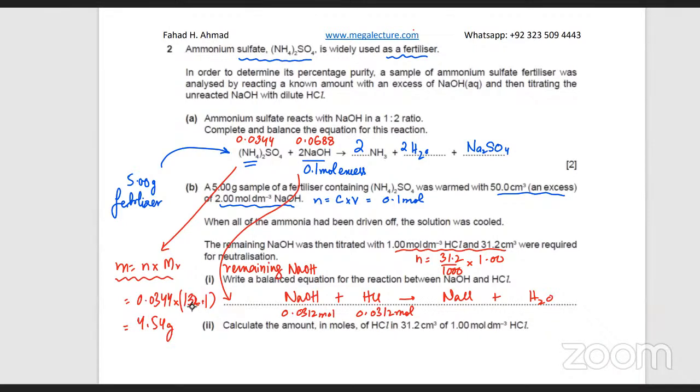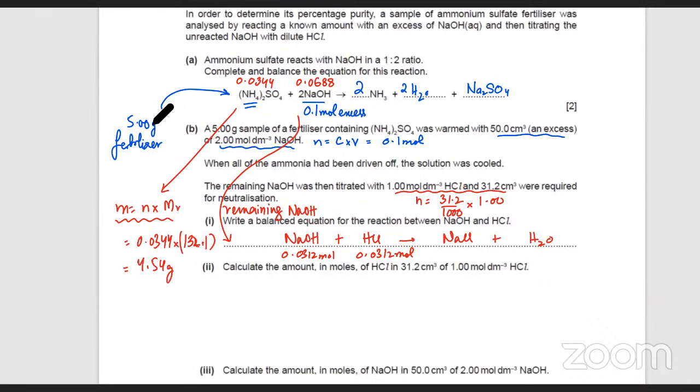So you're supposed to find the percentage purity at the end. So you have the 5 gram fertilizer. So what's the percentage purity? That's, out of the 5 grams, your fertilizer was 4.54 grams, times 100.